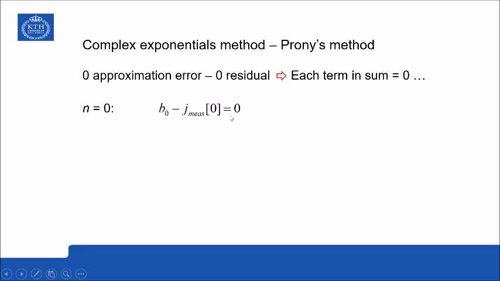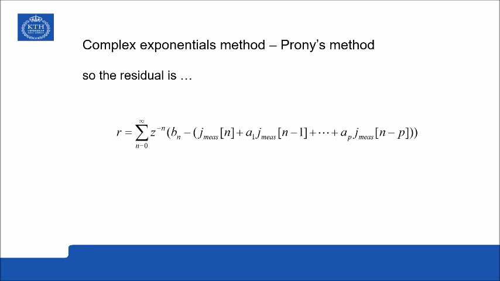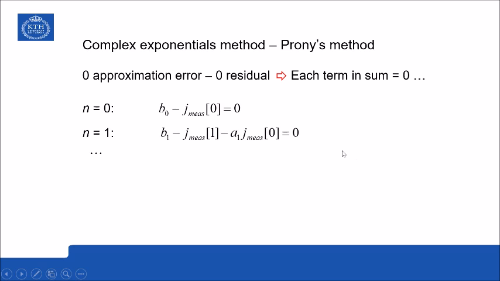For n equal 1, we get one additional term. We get b1, the measured impulse response function sampled at time 1, and also this term, sampled at time 0. But the remaining terms are 0. So then we get this equation.